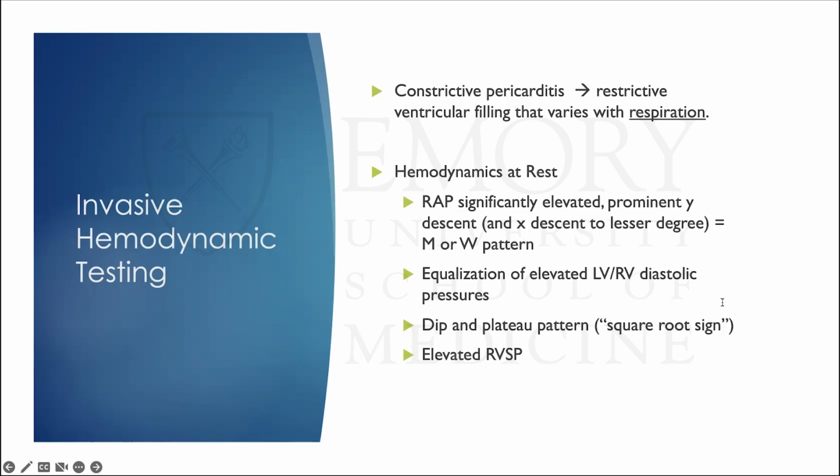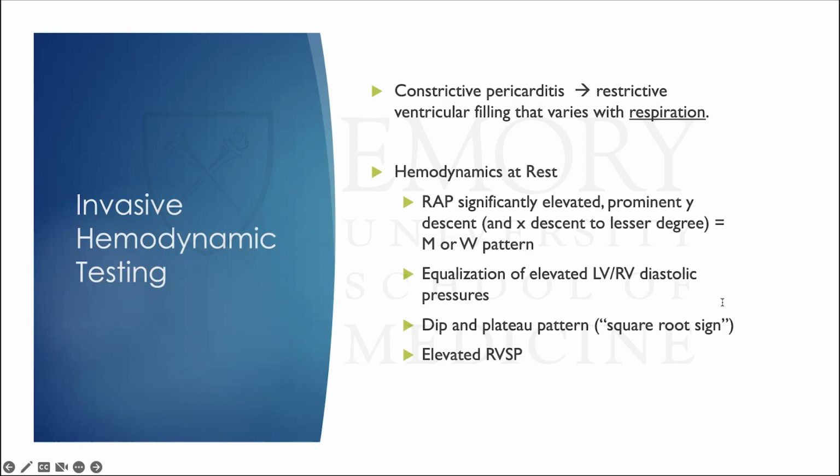You should see equalization of the LV and RV diastolic pressures because you're in a confined space. And then there's also this phenomenon of the square root sign. This refers to that rapid early filling in diastole.